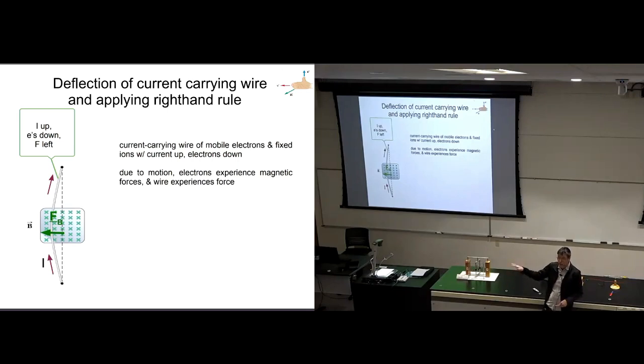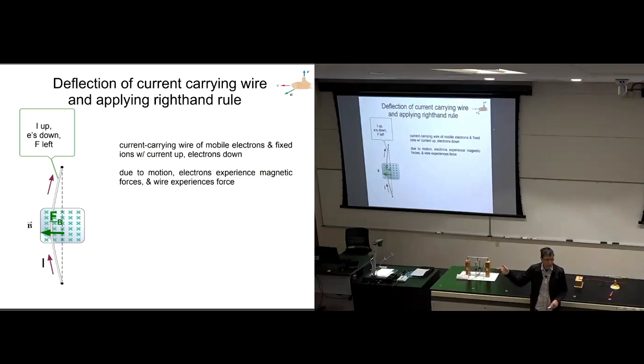So if we went through the exercise of the right-hand rule, if you just reverse one of the vectors, like here we're reversing the velocity vector, or the current vector, keeping the magnetic field in the same orientation, then the consequence is that the force reverses.